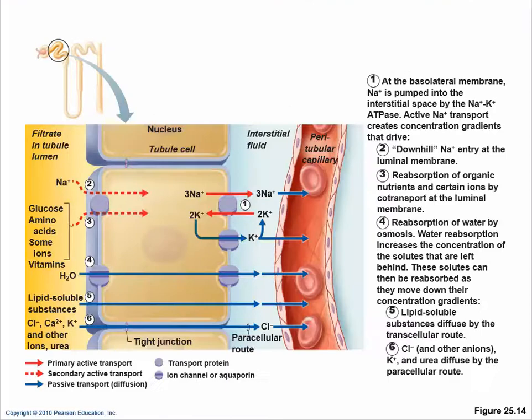So really it ends up looking like this. This sodium-potassium pump here. So on this side is the filtrate. Over here is the blood. There's interstitial fluid in between. This is a cell, an epithelial cell on the walls of the proximal convoluted tubule. Sodium gets in through facilitated diffusion into the cytoplasm of the cell.